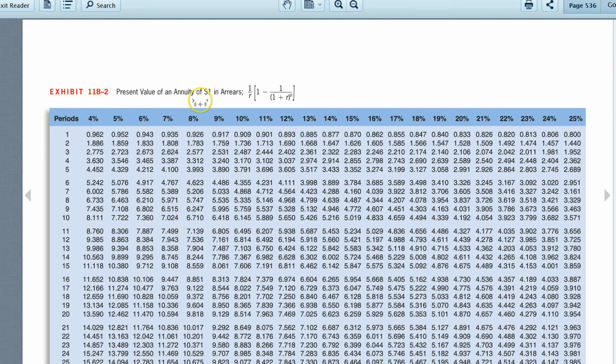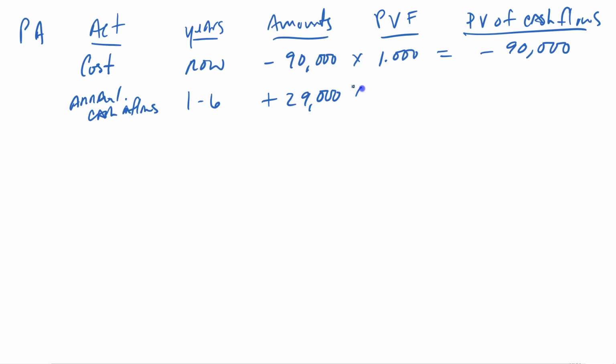We're going to use present value of an annuity. The problem tells us the rate of return is 14%, and this project's for 6 years. So 6 years at 14% is 3.889. So I multiply that times 3.889, and I get an inflow of 112,781.